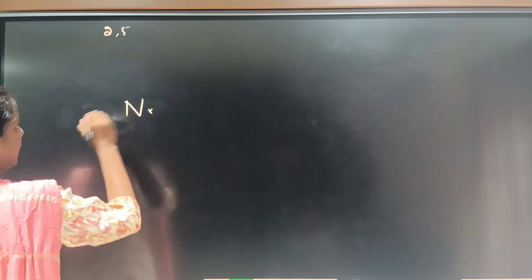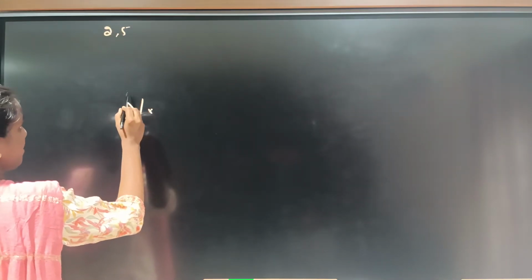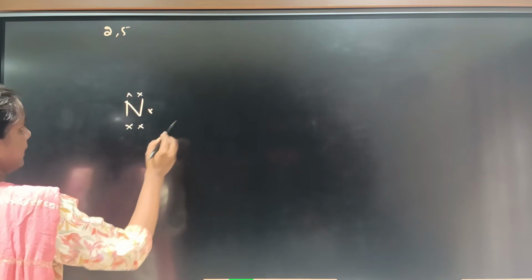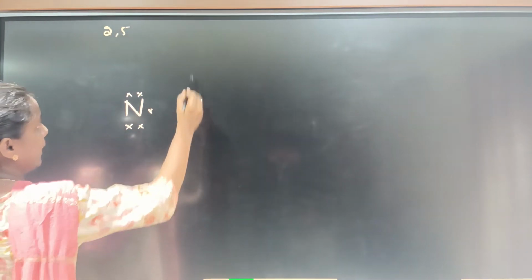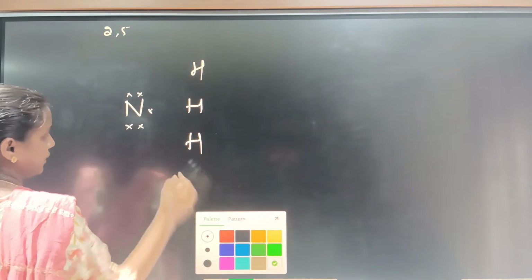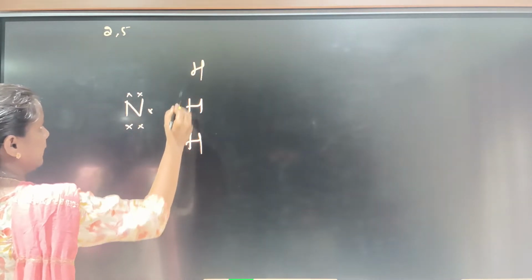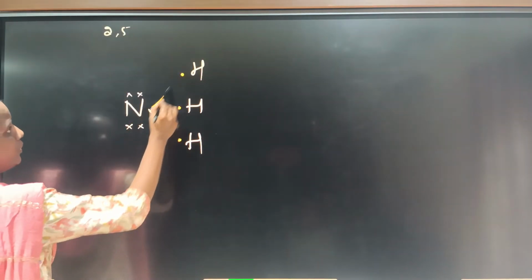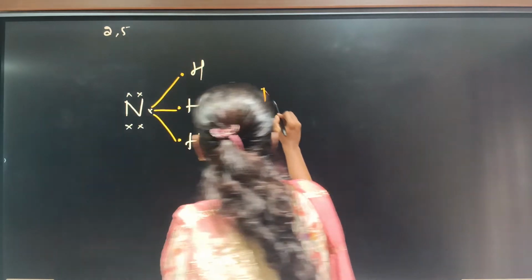Listen. So nitrogen has 5, right? So when I take 3 hydrogen atoms, how many electrons will be there in the outer shell of hydrogen? 1. Right? Understood? So now what is happening? This nitrogen is going to share electrons with the 3 hydrogen atoms and form NH3.